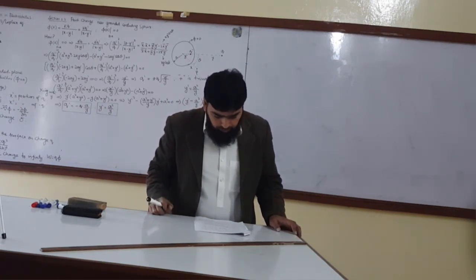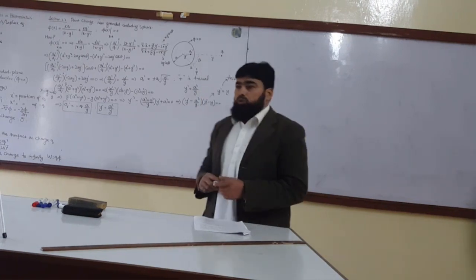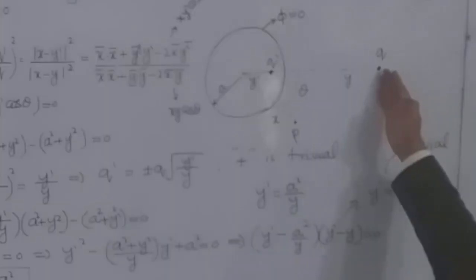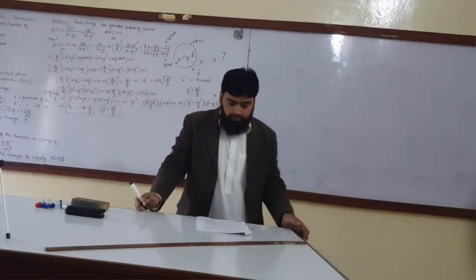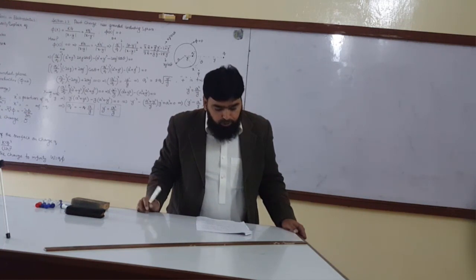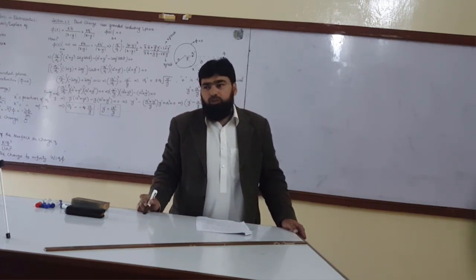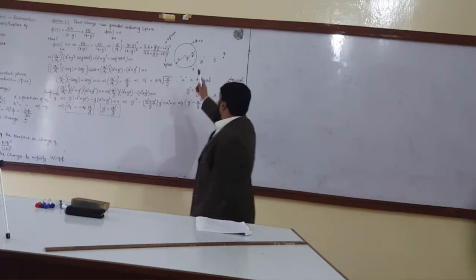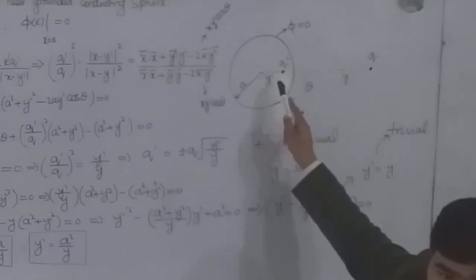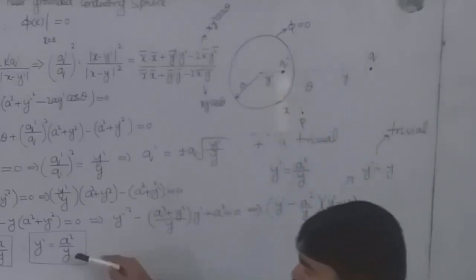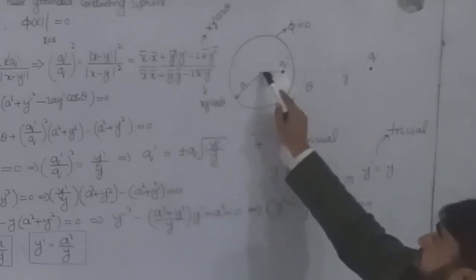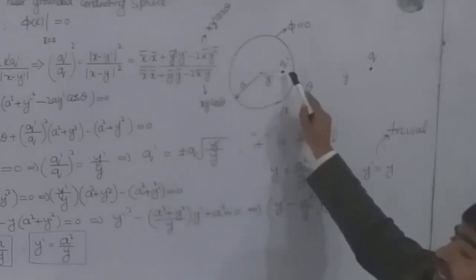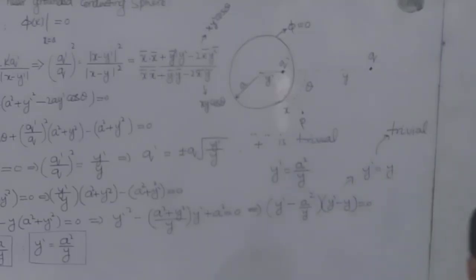Now we know as Q moves closer to the surface, then the image moves closer to the surface as well. Like you are reducing y, then y prime is growing. Y prime is this distance. So the image charge is also coming to the surface.